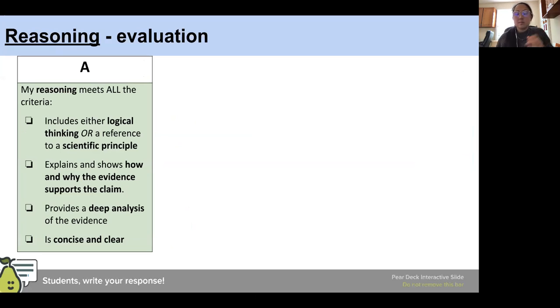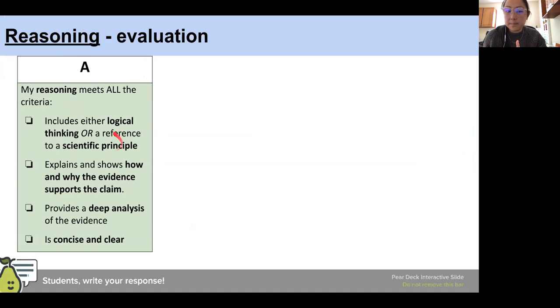Now, let's move on to reasoning. Remember, your reasoning is like the glue that holds together your evidence and your claim. Your reasoning is explaining your evidence so that it backs up your claim. To do that, you have to explain the science.